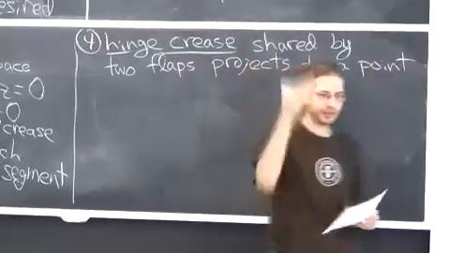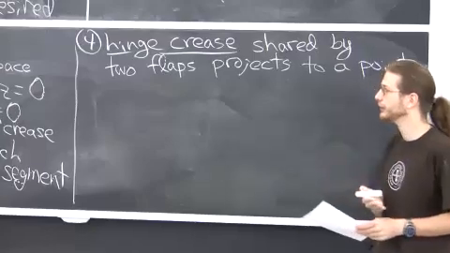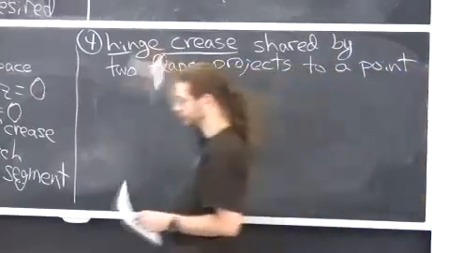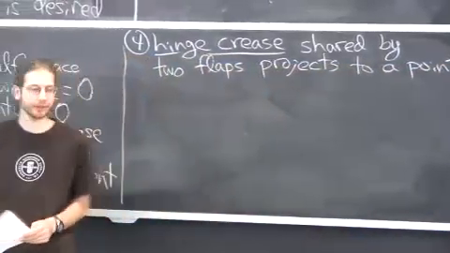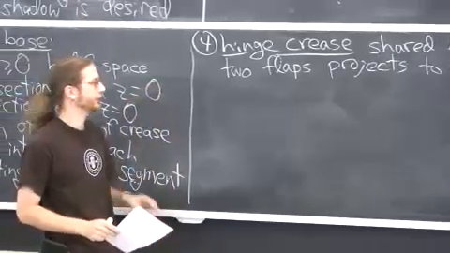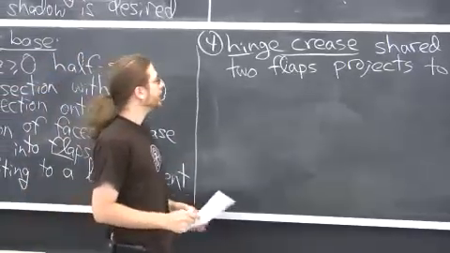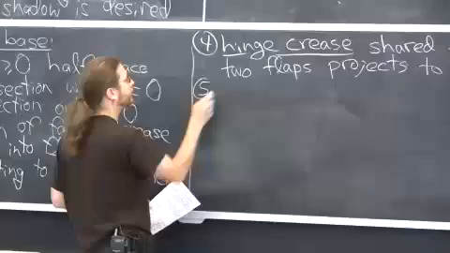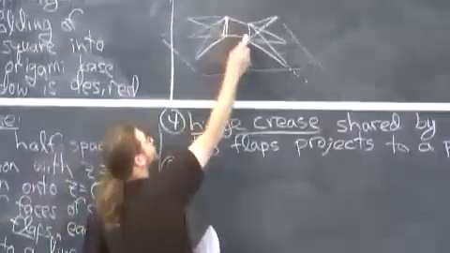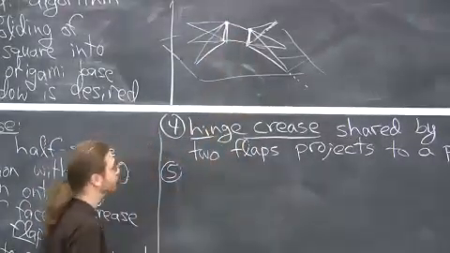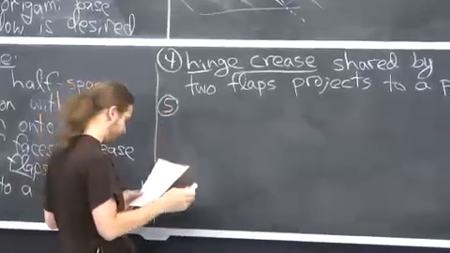So this is equivalent to saying the hinge crease is vertical. It's perpendicular to the floor. I'm always projecting straight down onto the floor orthographically, just setting z to 0. And so that's saying these are the hinges. They should be vertical. So projection is a point.